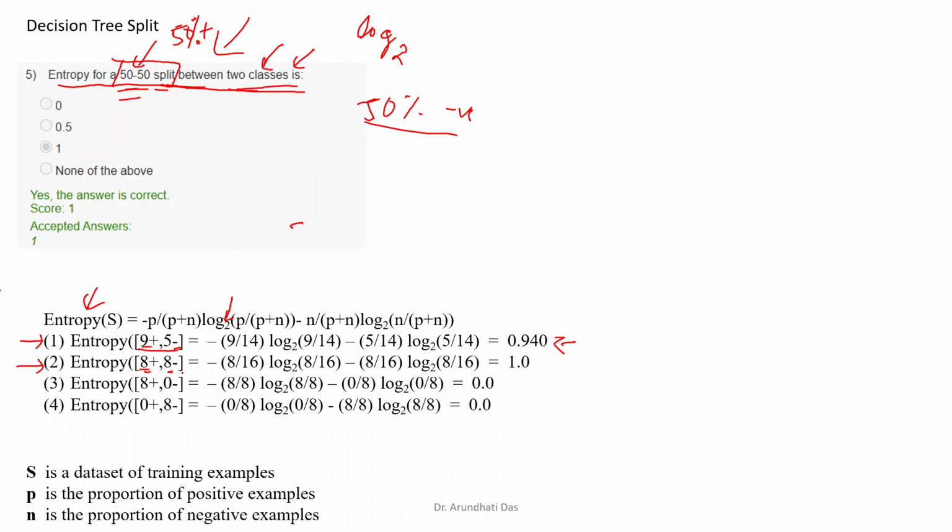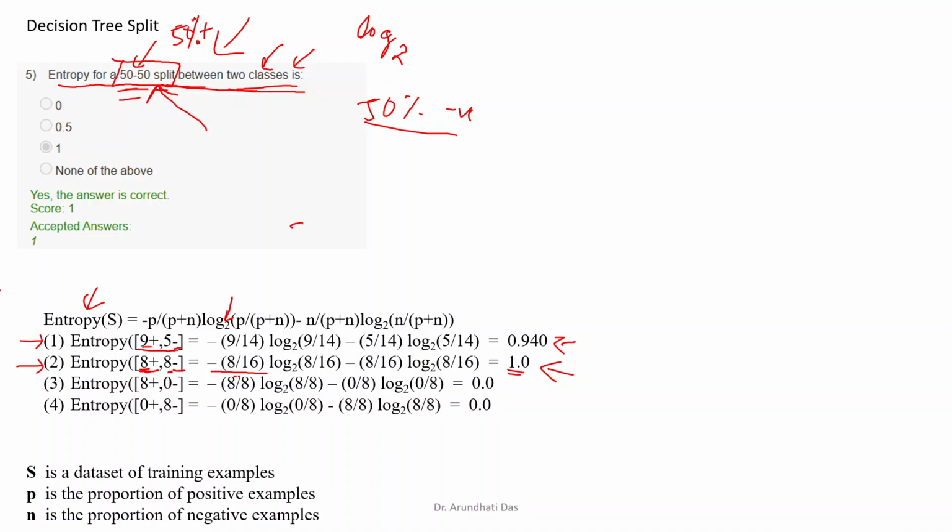This is some random data set I have considered, and here you can see that the split, as asked in the question, is 50-50, because 50% of the samples are in the positive class and 50% are in the negative class. For such an example, my final entropy value is 1.